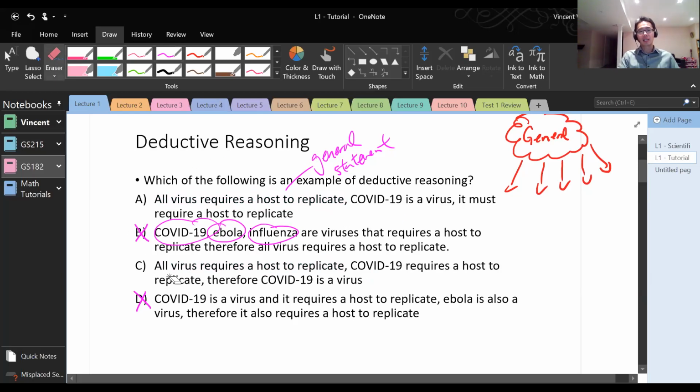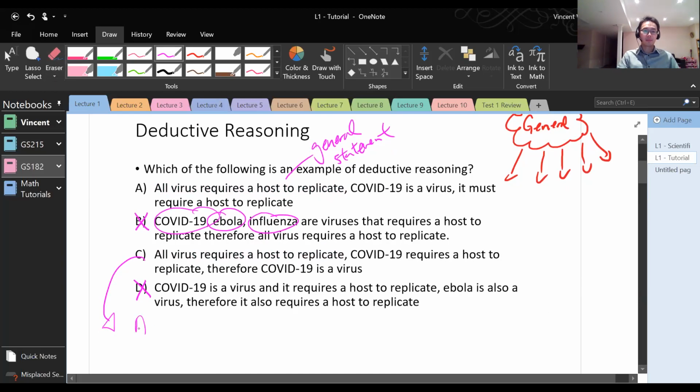Let's take a look at C again. It might be a little bit hard to follow when we talk about viruses, COVID and replication. Let's try to use this same format on something that we are more familiar with. Instead of virus, I'm gonna say birds. All birds have wings. So having wings is like requiring a host to replicate.